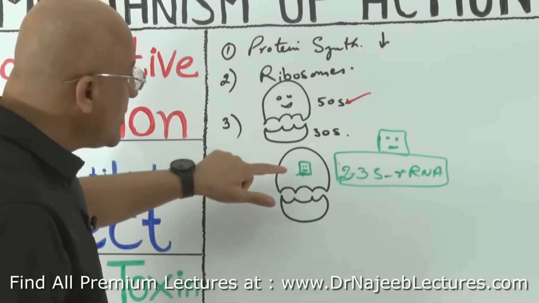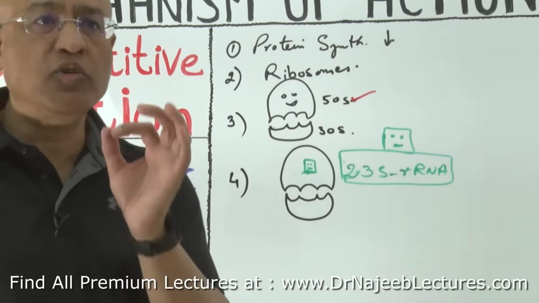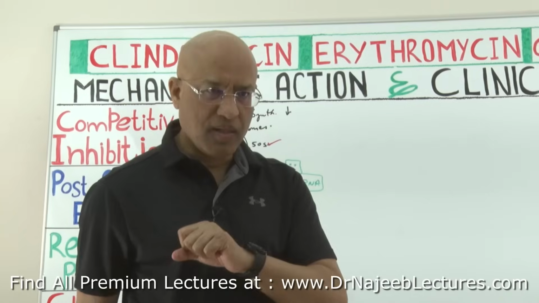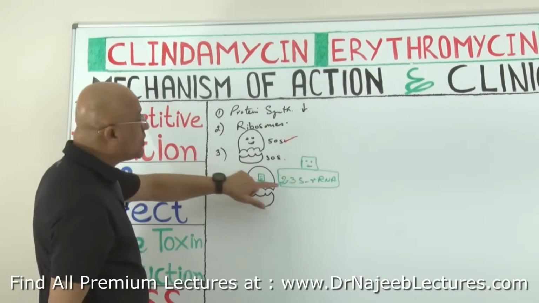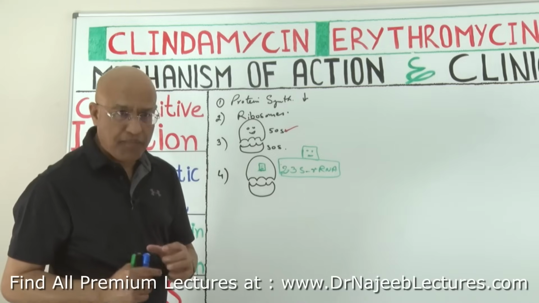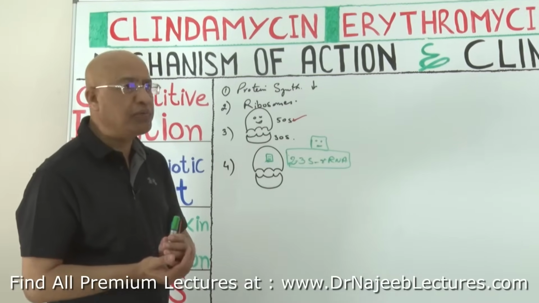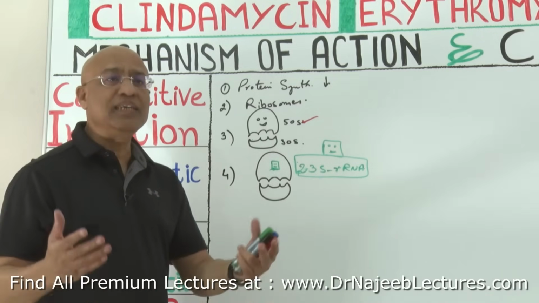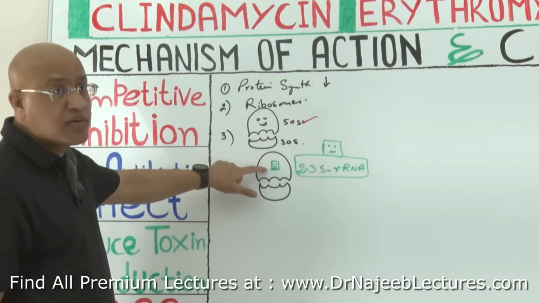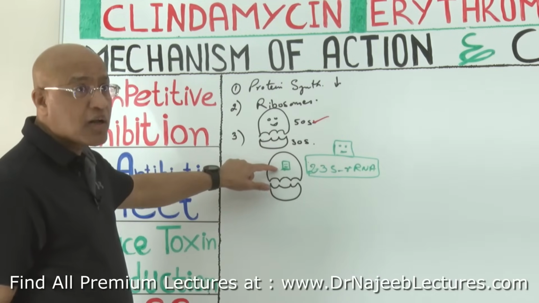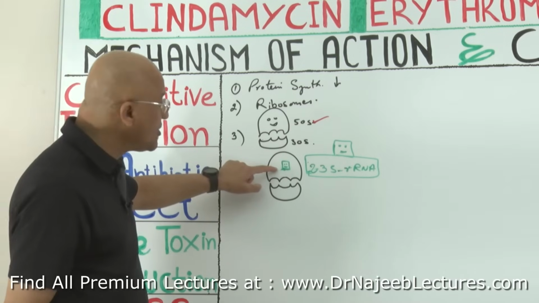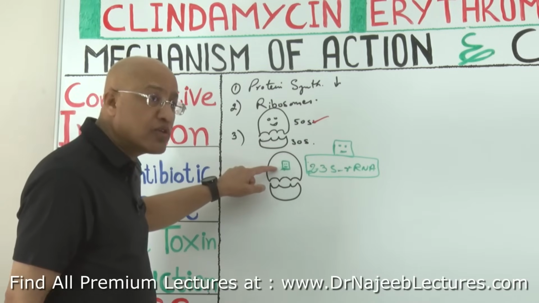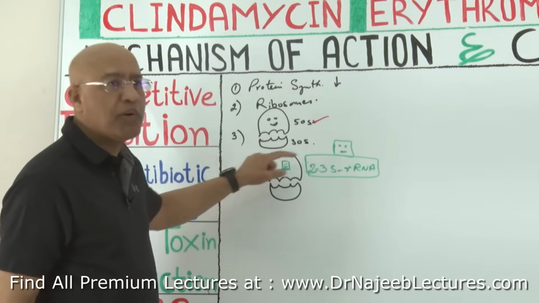Now basically, this has a special catalytic activity. It works like an enzyme, because this 23S ribosomal RNA acts as an enzyme, right? It is a very special exception, since almost all enzymes are protein in nature, but this is a special catalytic component present in the 50S subunit, consisting of 23S ribosomal RNA.